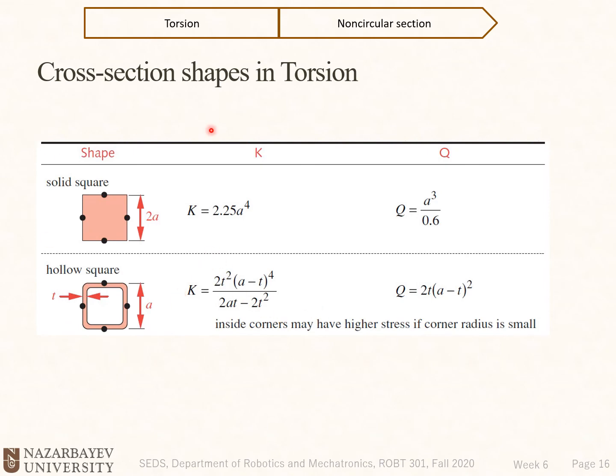So we have these tables in the book, and you see for different cross sections, for example, for solid square, we could find Q and K as a function of a. For hollow square, Q and K are a function of a and t, which is basically width and thickness.